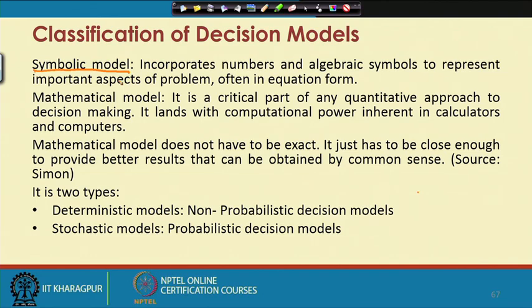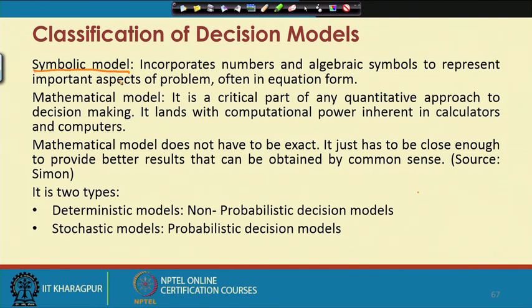It works with the computational power inherent in calculators and computers. Mathematical models do not have to be exact, they just have to be close enough to provide better results and better inference, and that can be obtained by simple common sense. This we know from the definitions from Simon.